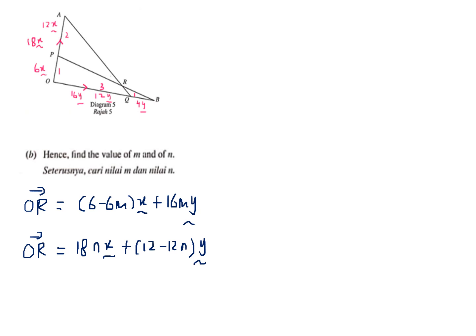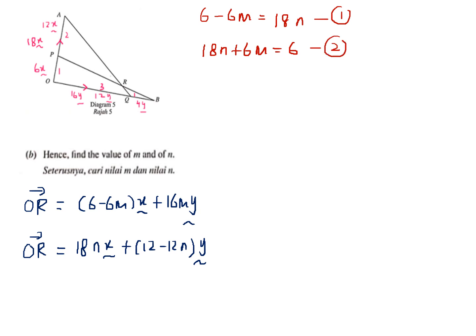By comparing the vector x, we obtain 6 minus 6m equals 18n, which is the first equation. By rearranging the terms, we obtain 18n plus 6m equals 6, which is the second equation.